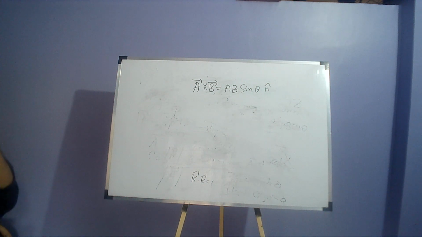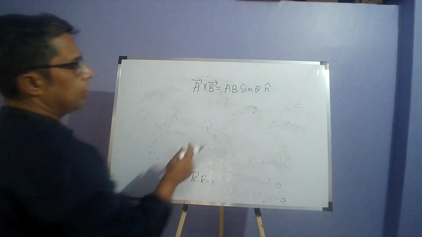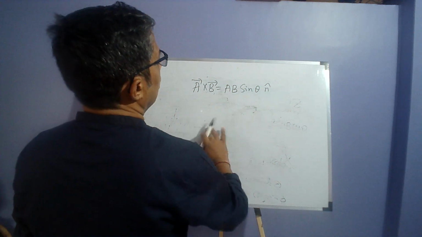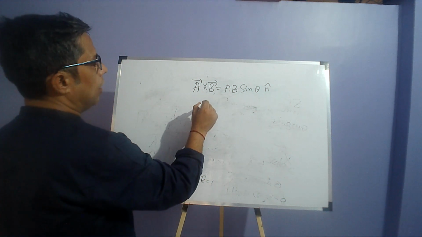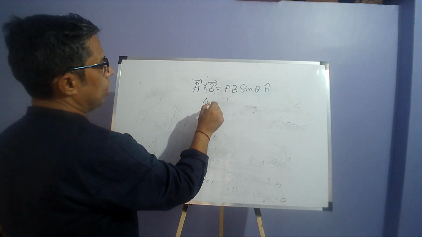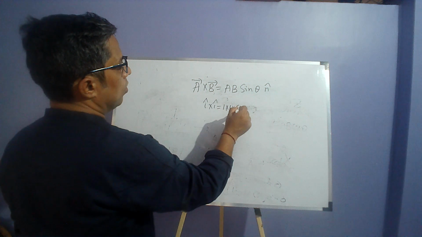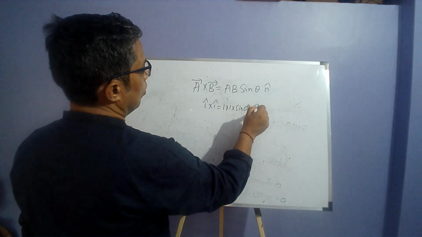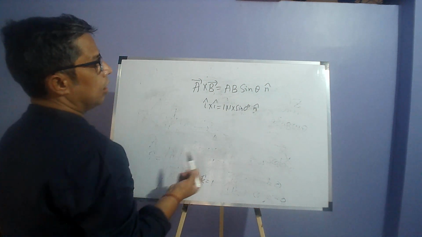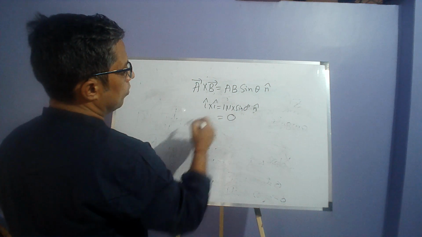Let's say i vector cross i vector is equal to 1 into 1 into sin 0 degree n cap. Sin 0 degree is 0, so it will be 0.